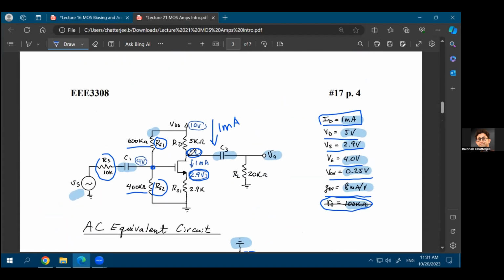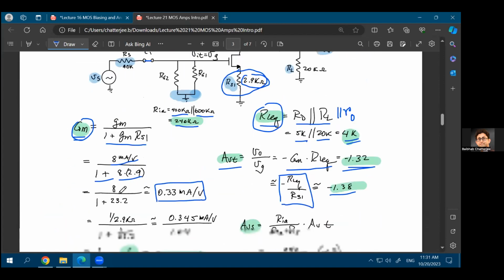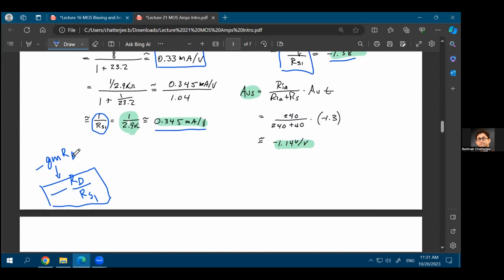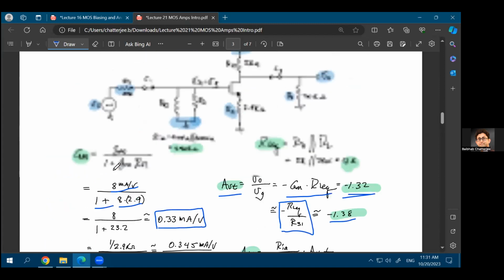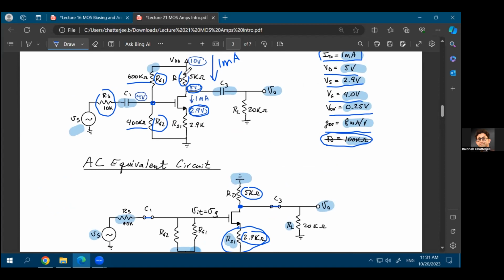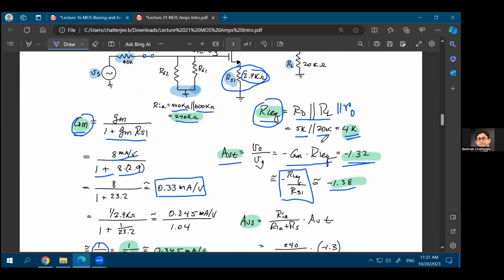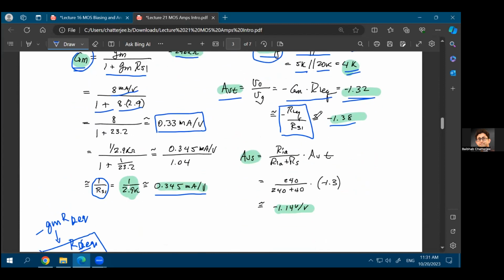So whatever is connected at the drain, I'm calling it RD, but it's effectively RL equivalent because there are other resistances connected at the drain terminal as well. You have the RD resistance connected at the drain, but you also have the RL connected at the drain. So it's basically RL equivalent that you are looking at. And that minus RL equivalent divided by RS1 gives you minus 1.38, whereas the exact calculation gives you minus 1.32.